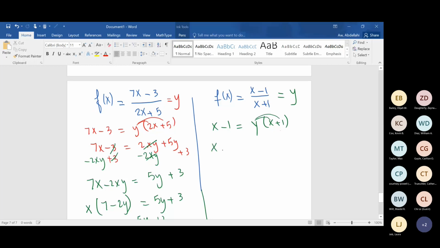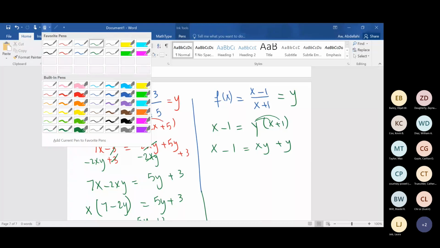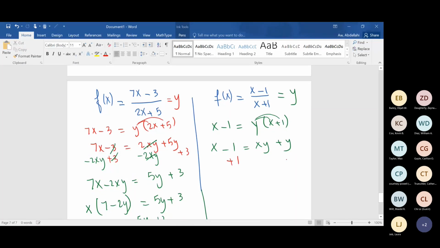So you get x minus 1 is equal to xy plus y. Then you're gonna add 1 on both sides and then subtract xy from both sides, right? So you get x minus xy is equal to y plus 1.